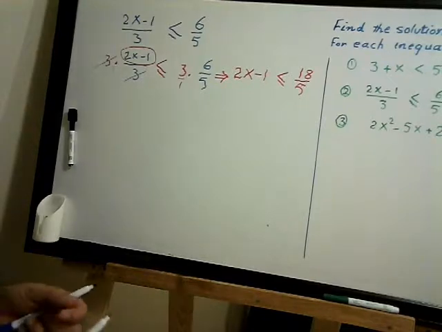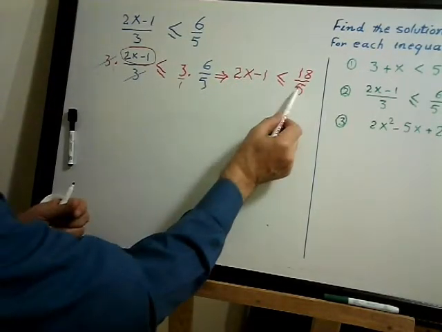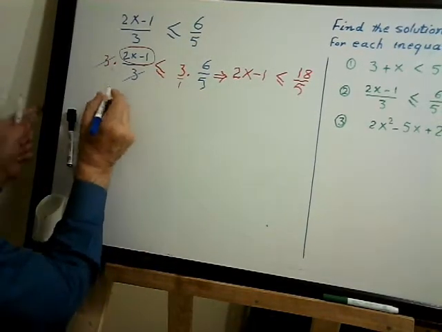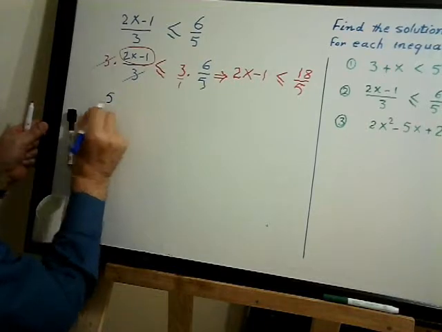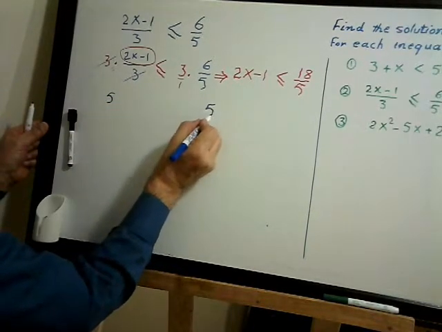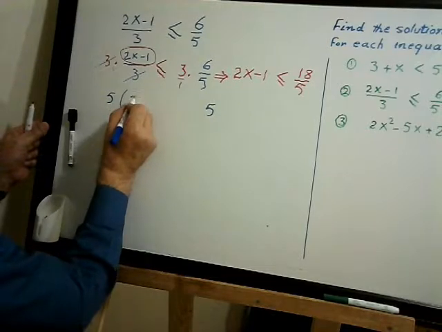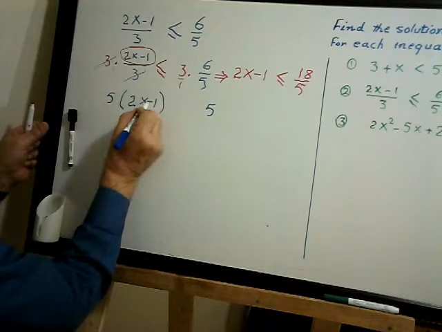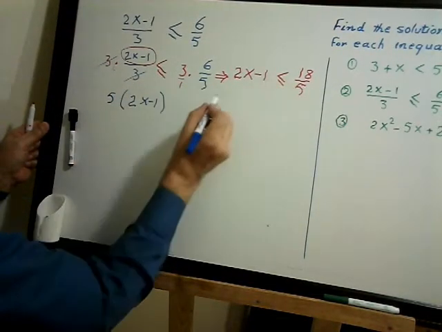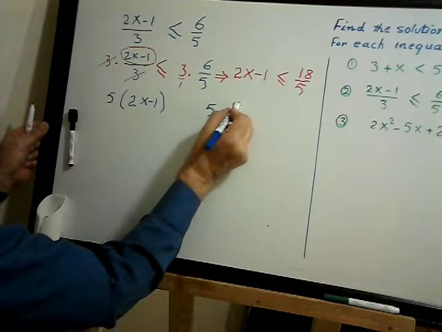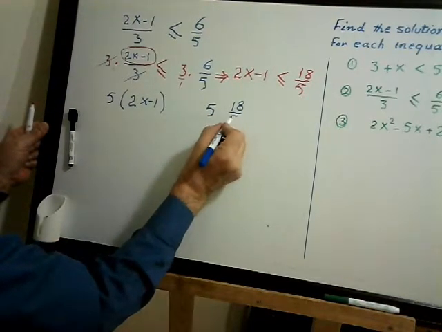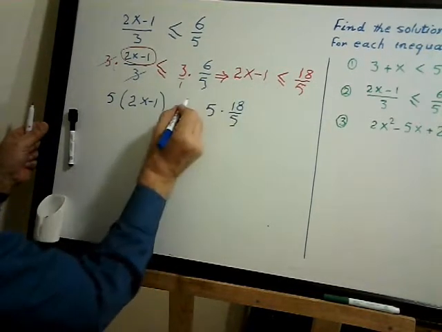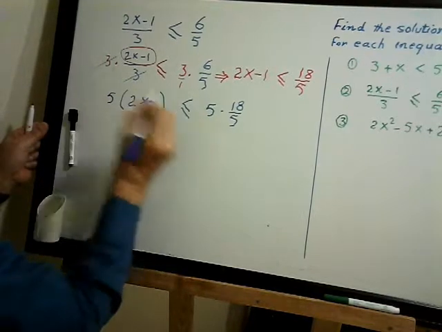Then we repeat it again by multiplying by 5 in both sides. So 2x minus 1 multiplied by 5 and 18 over 5 multiplied by 5, and the same sign of inequality is not changed.